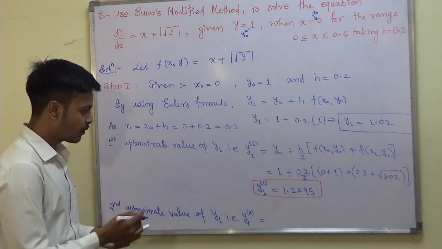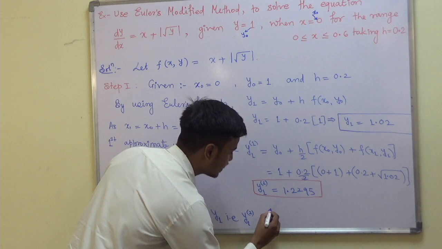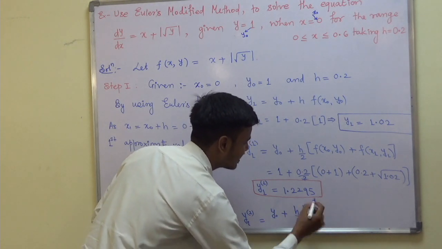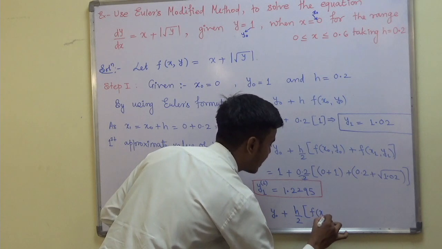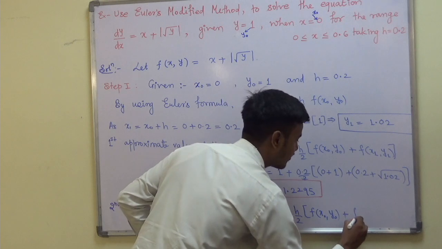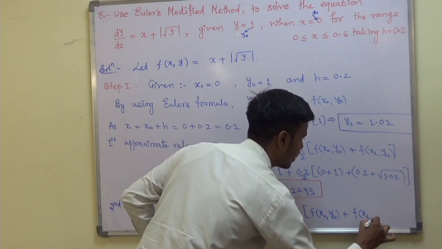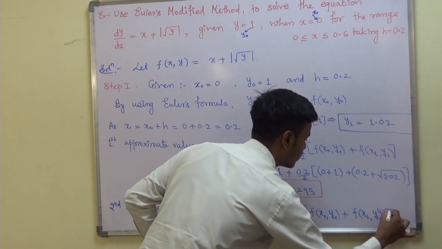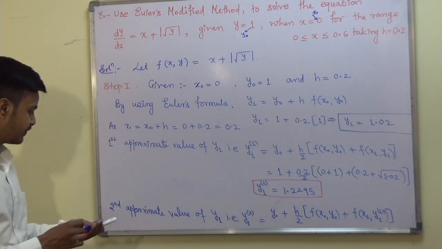Okay, so what is the value of y12 then? It should be y0 plus h by 2, exactly the same formula, only the last term will get changed, f of x0 y0 plus f of x1 y11.